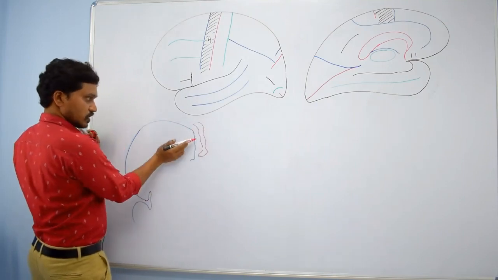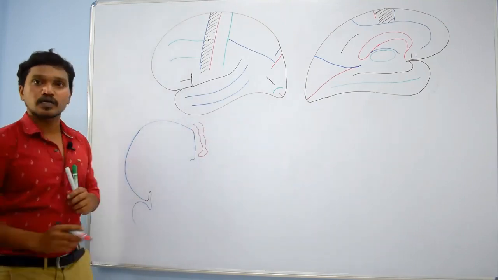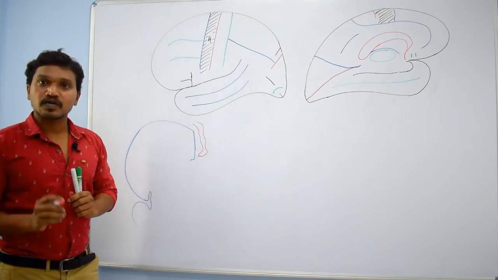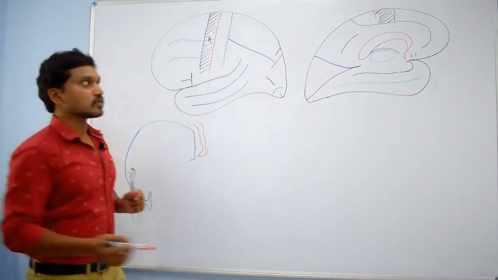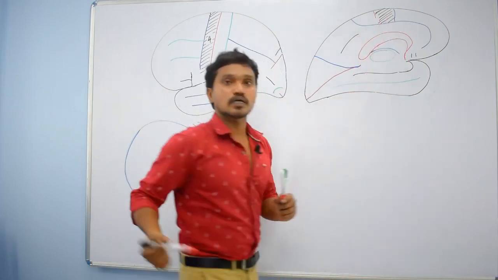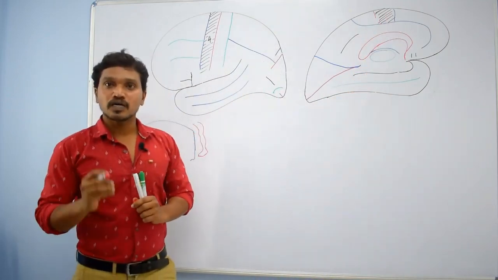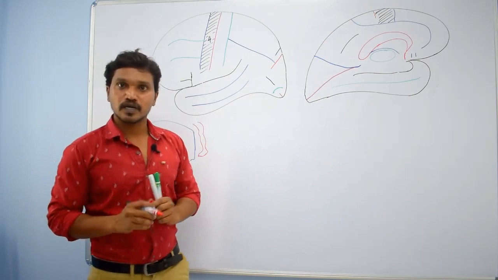Of course, in this medial region only there will be an area for the perineum. That's what I told you last session. This region is responsible for defecation and micturition, right?